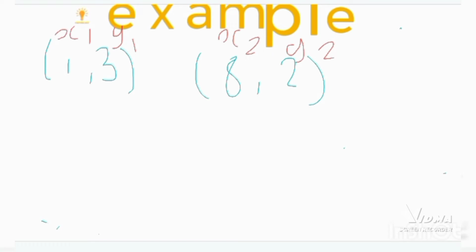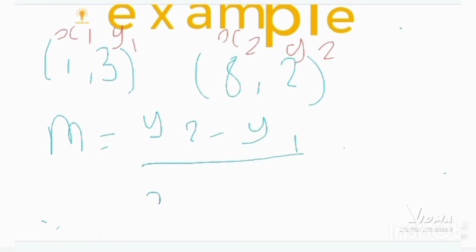And because we've arranged our points, we'll then have to substitute them into the formula. The formula goes as m is equal to y2 minus y1 divided by x2 minus x1. So our y2 is 2 minus y1, which is 3, divided by our x2, which is 8, minus our x1, which is 1.